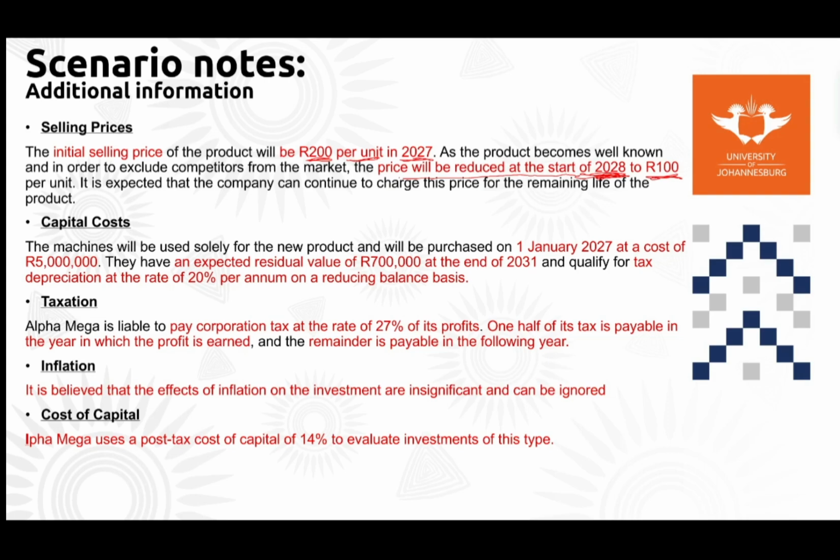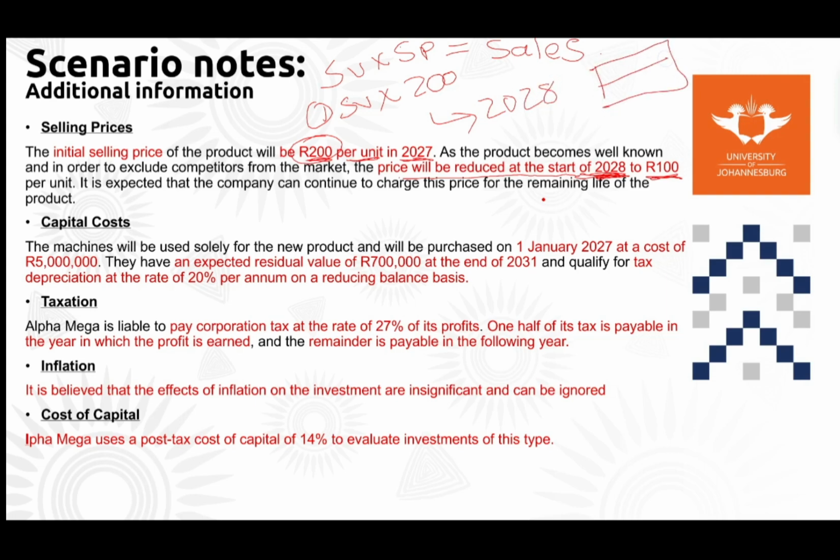So you know now that your sales volume multiplied by your sales price gives you your sales, right? So we know that for the first year, whatever sales volume we have, we are going to be multiplying it by 200. But as time goes into 2028, we are going to take whatever volume that we have created and multiply it by 100 Rand, which is the new price that we have gotten, right?